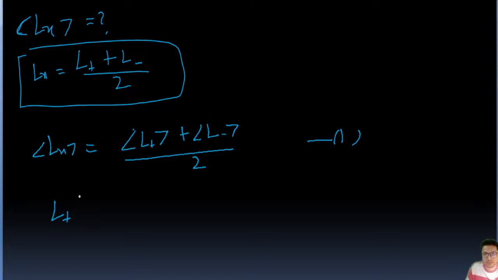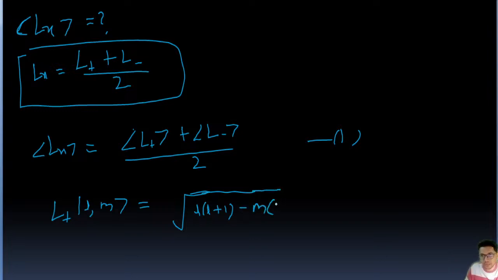Okay, so now here we know the formula, right? L plus Lm. This value is going to be root L into L plus 1 minus m into m plus 1 h cut. Okay, very simple. And because this is L plus, the state is going to be L, m plus 1.